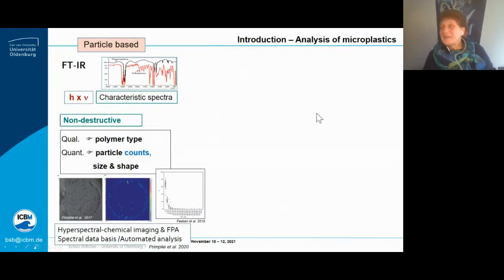A lot of things are already done, so I can quickly go through this picture. We have heard a lot about FTIR already, and it's a non-destructive technique working with electromagnetic interactions of polymers for specific identification. And you receive polymer type answers and particle counts, size and shapes of your samples. And also these automatic analysis approaches have been shown already.